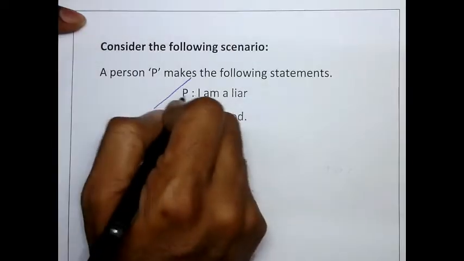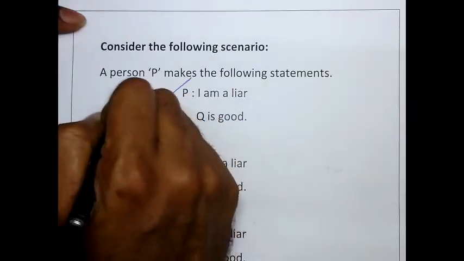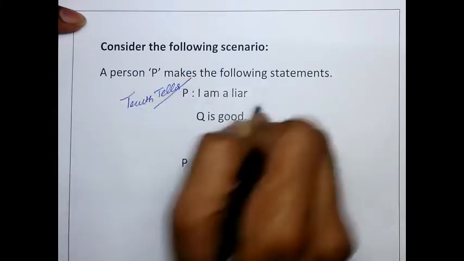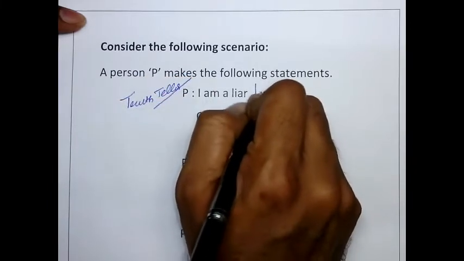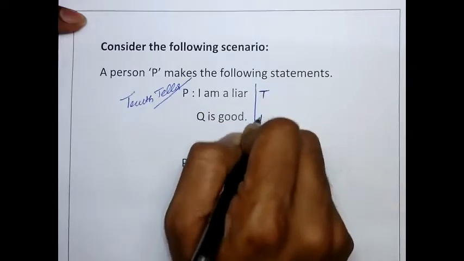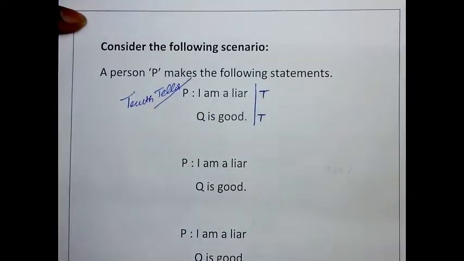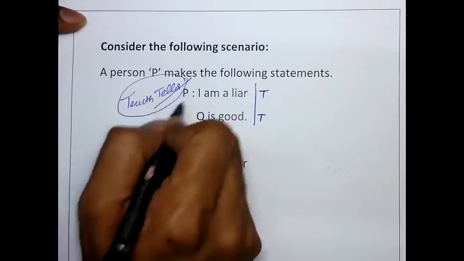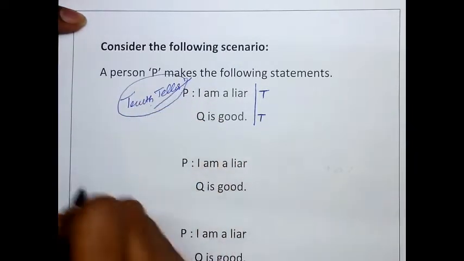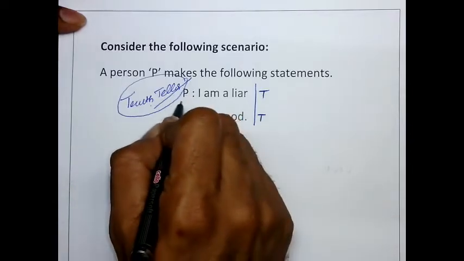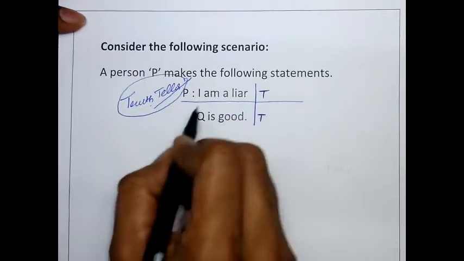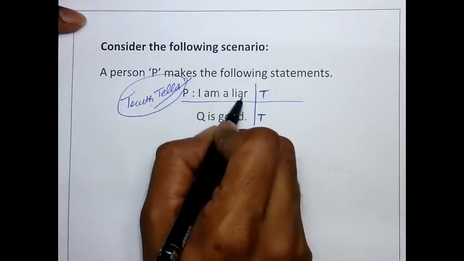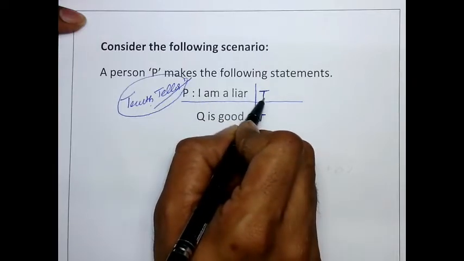Let me assume that this person P is a truth teller. Then the first statement is true. The next statement is also true. The assumption you have made is that the person P is a truth teller. Look at the first statement made by P. P says I am a liar, which means P is a liar. That statement is true.